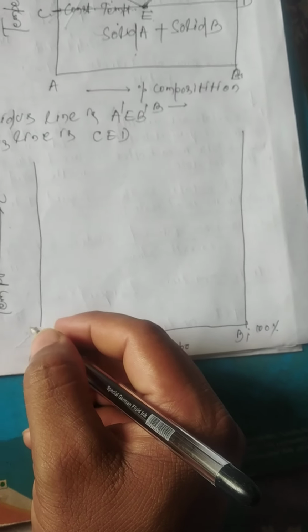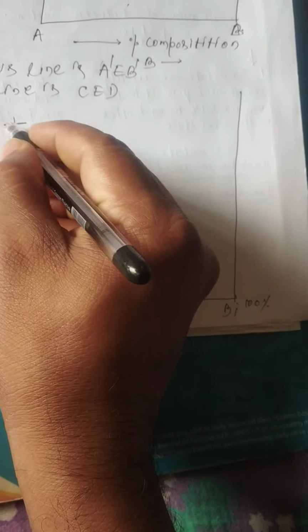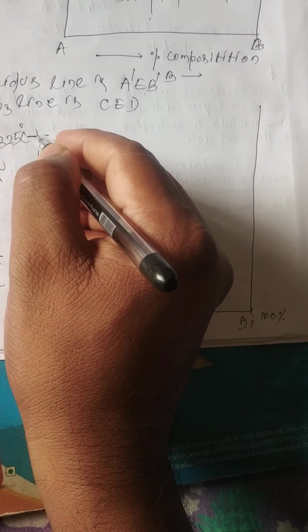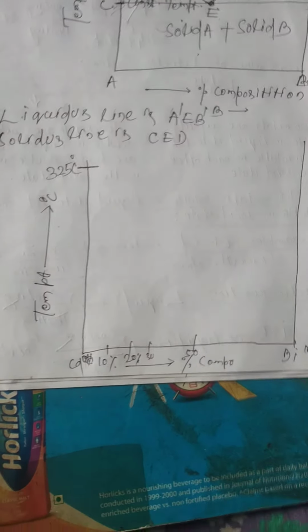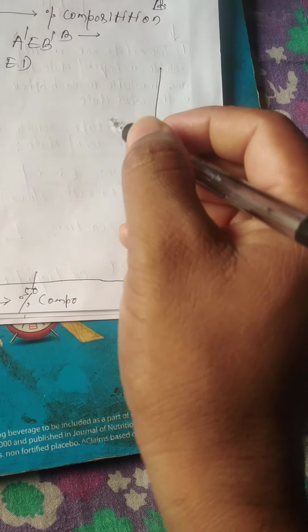Now come to the melting temperature of cadmium, that is 325 degrees Celsius. Suppose we are taking this as 325 degrees Celsius, and this is the melting temperature of cadmium. Then what is the melting temperature of bismuth? That is near about 273 degrees Celsius.